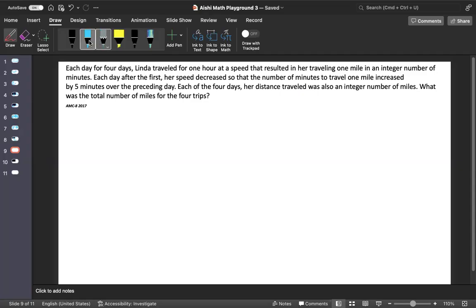Okay, so we know that the number of minutes each day for 1 mile must be a factor of 60, because it says Linda traveled for 1 hour.